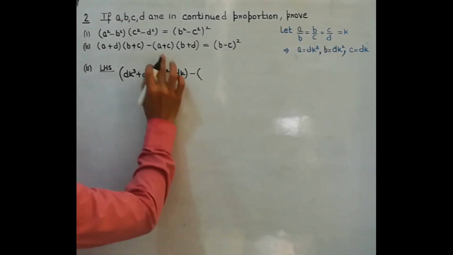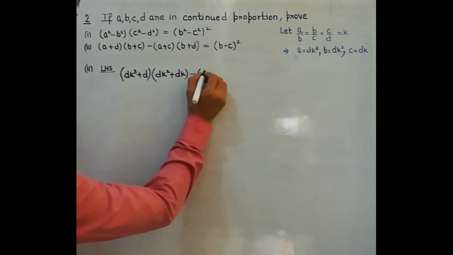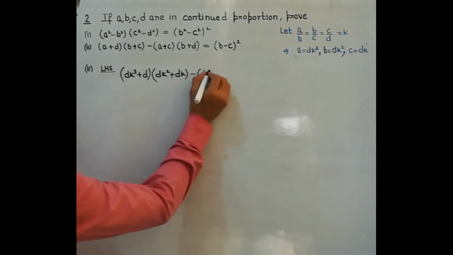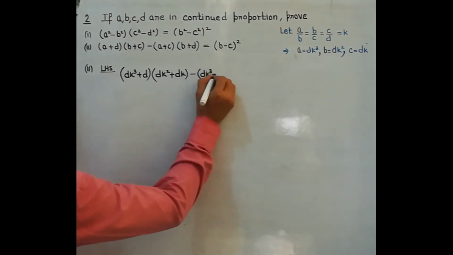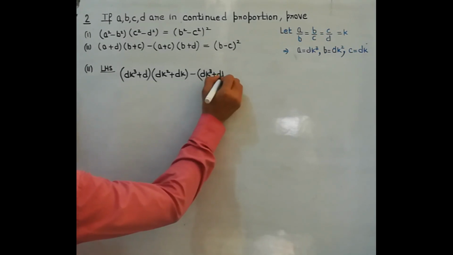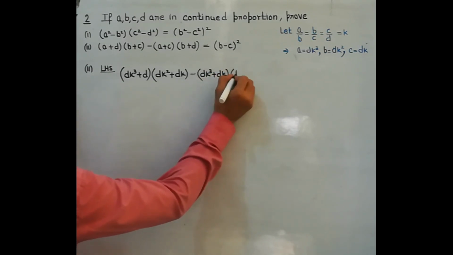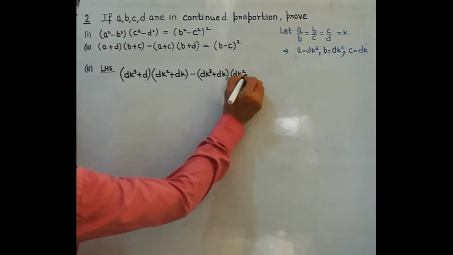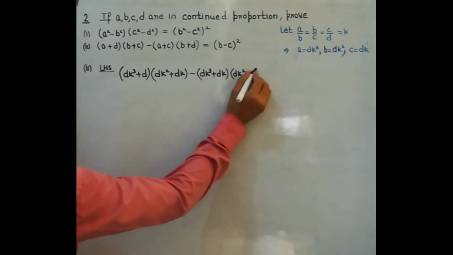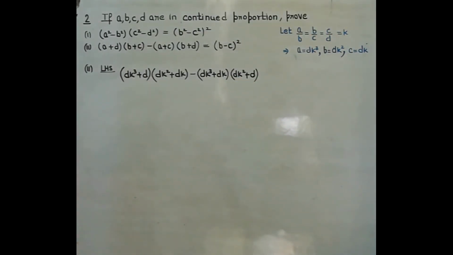Then minus a plus c. A is dk cube plus dk, and then dk square plus d. So we have substituted a, b and c with the results that we have got.